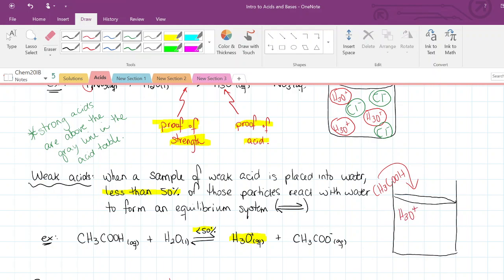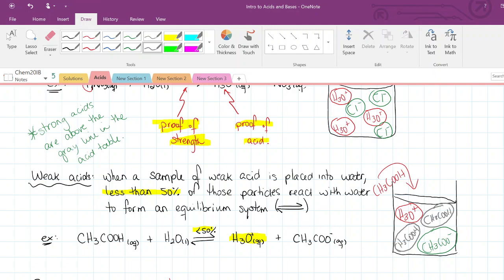Yes, we're going to have acetate, CH3COO-. Okay, yeah, we've got both of those. But also in solution, we're going to have molecules of CH3COOH floating around in the solution.